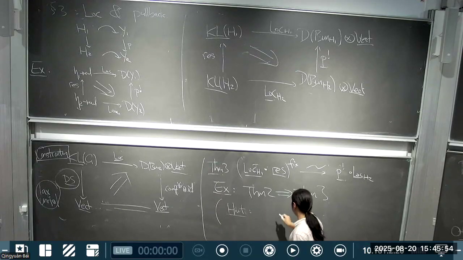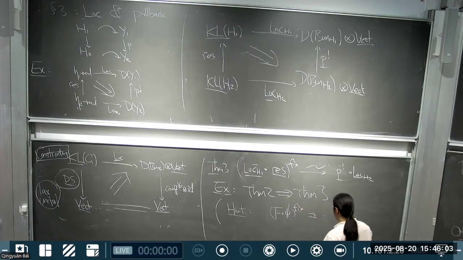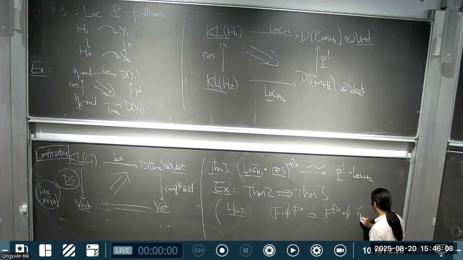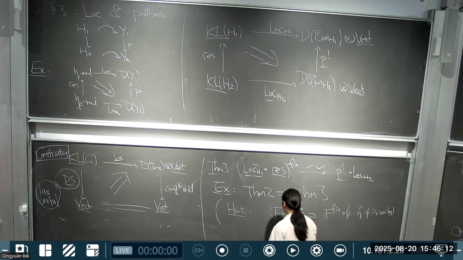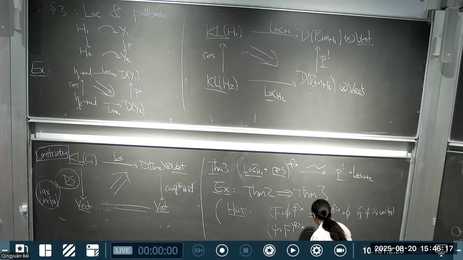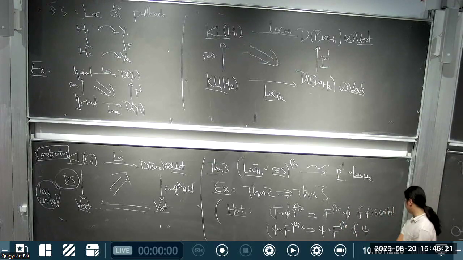I will say this is the fixed-point construction for F, maybe if C is unital and also if phi is any global functor, so it's not any functor between constant things.